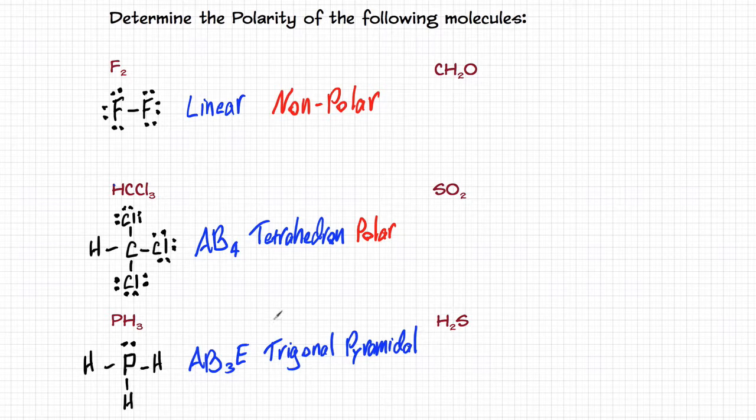For trigonal pyramidals, the rule is pretty simple. These are always polar. They can't be made nonpolar. It's one of the two shapes that's always polar, the other being bent, of course.